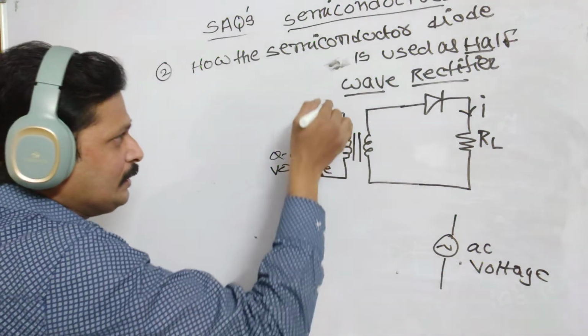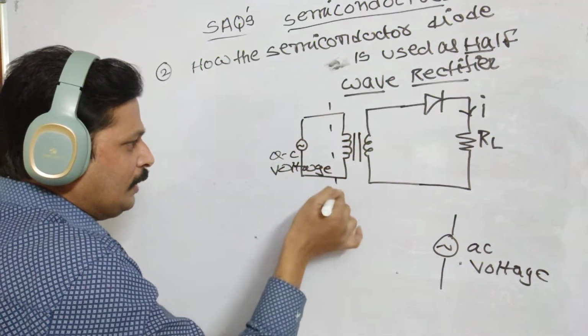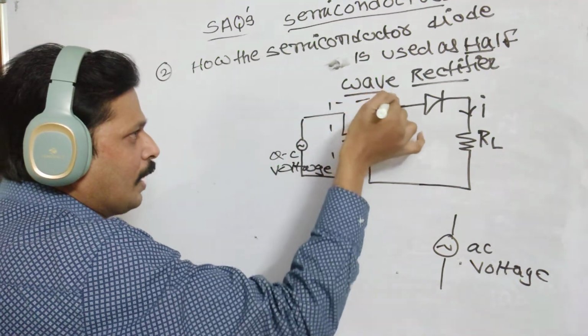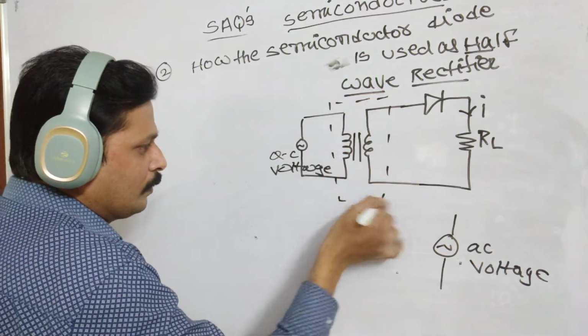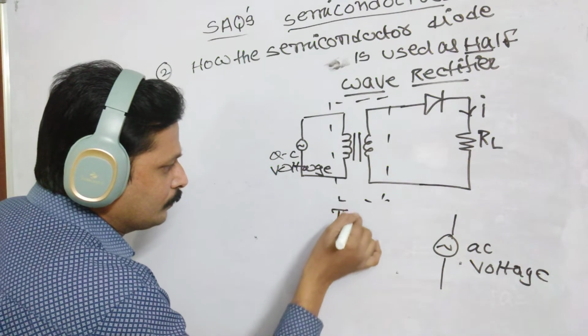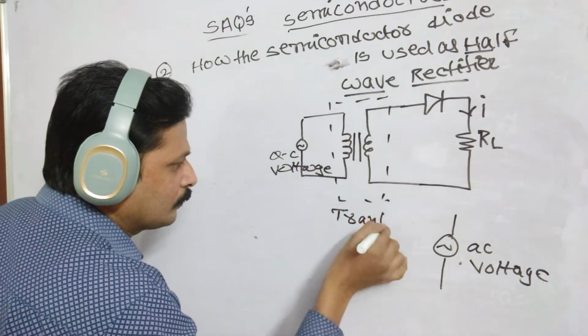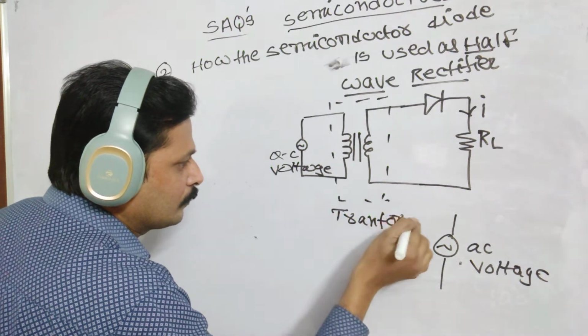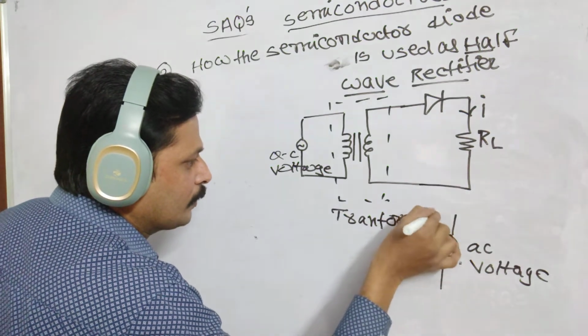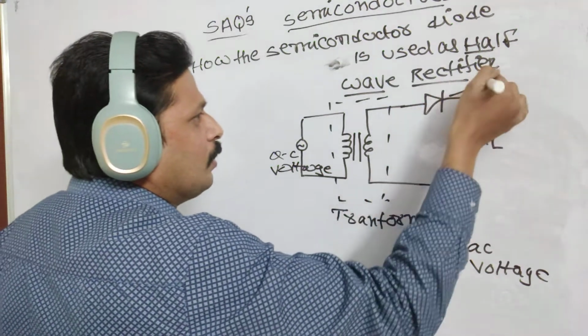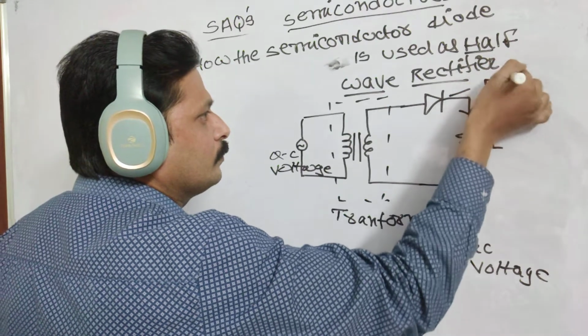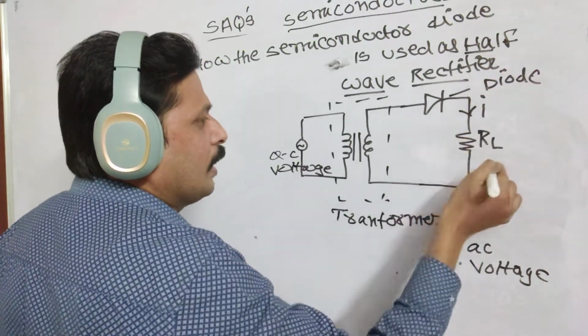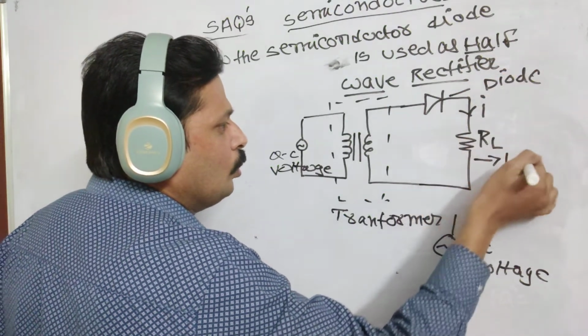Now this part is named: the first requirement is the supply, and the second one is the transformer. This one is called the diode. And the last one is called the load.